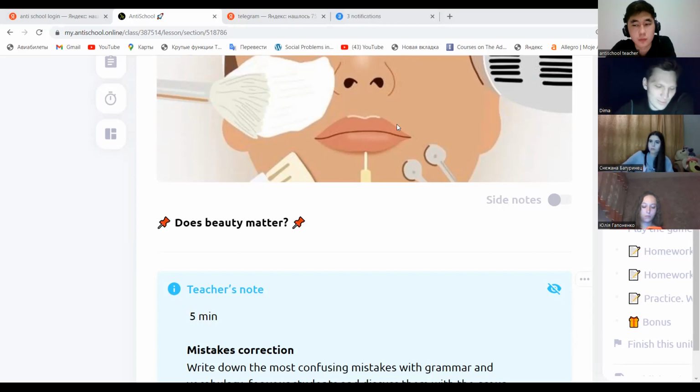And now toned and skinny is beauty. In my opinion, beauty matters when you see people for the first time, but in general, what is inside is more important, because some people are beautiful, but they are ugly inside. Yep, nice opinion.